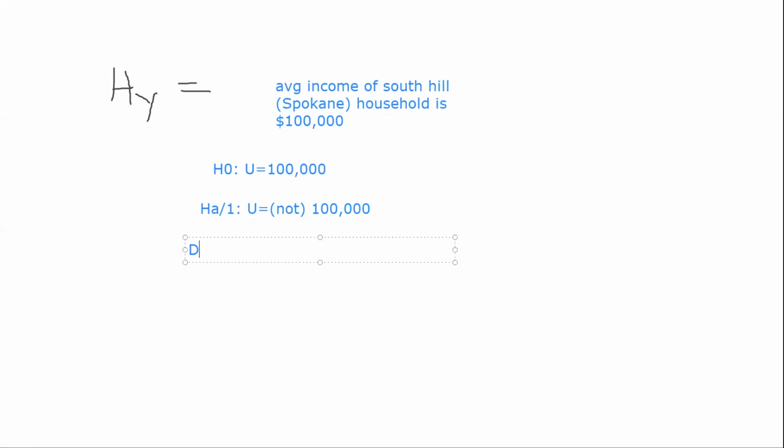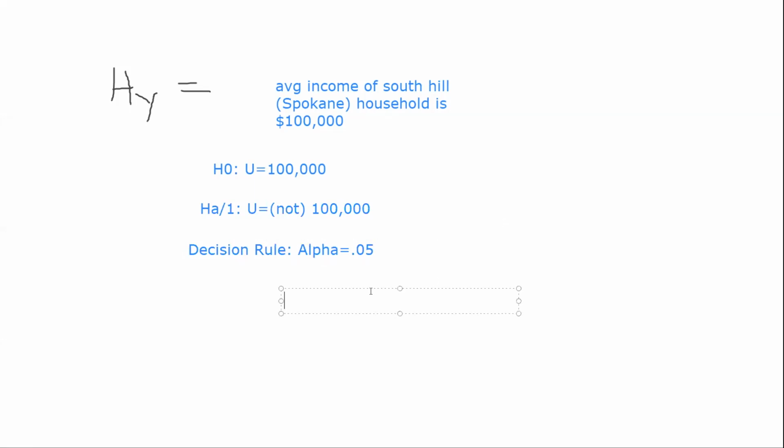So the decision rule is at, let's say, 95% confidence or 5% significance level, or alpha. Normally significance level is known as alpha, equal to 0.05, which is 5%.